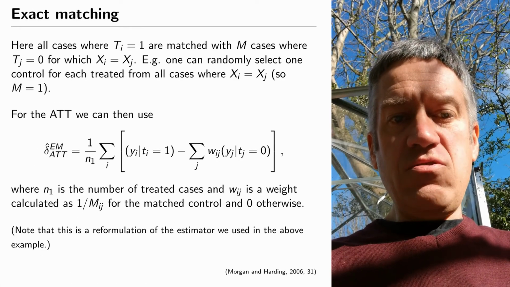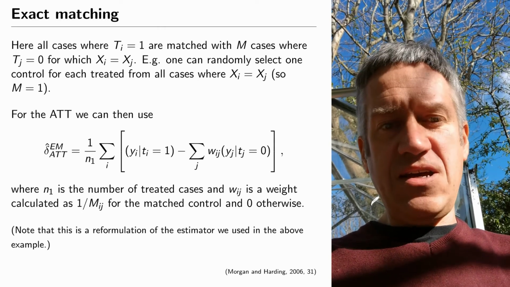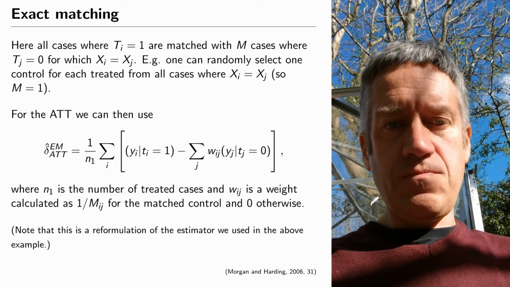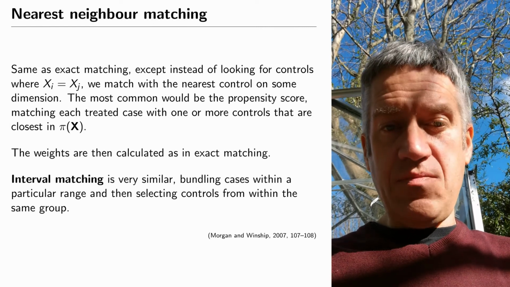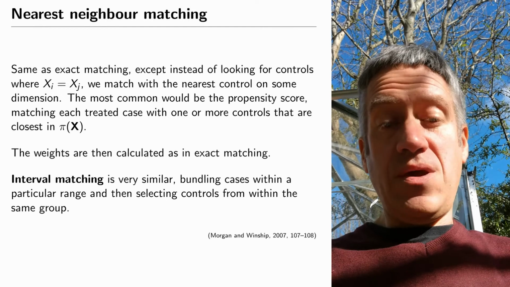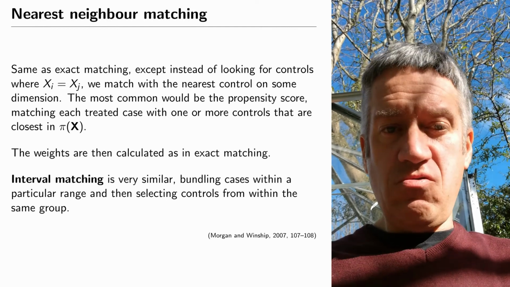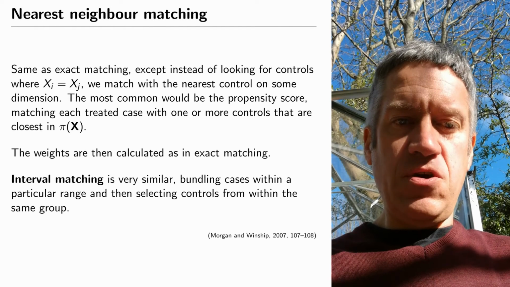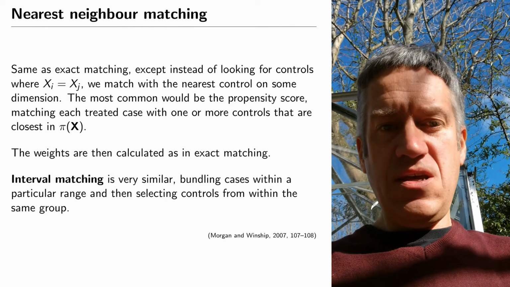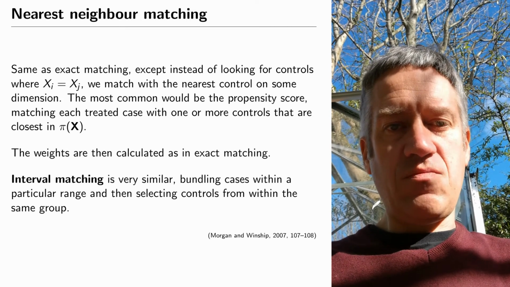So we can either do exact matching, where we find another case in the control group that is exactly like the case we have in the treatment group. Or we can do nearest neighbor matching, where we look for one or maybe a small set, 3, 4, 5 cases in the control group that are as close as possible, the nearest to the case in the treatment group, on the basis of one of those distance measures that we discussed.